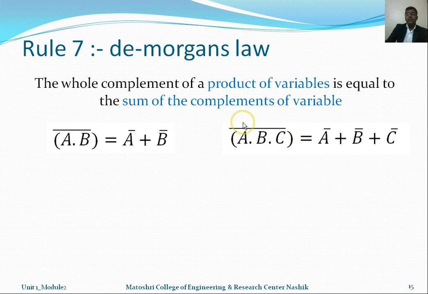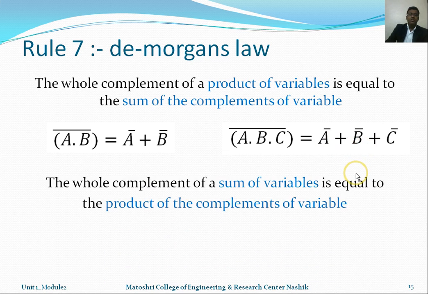Here in this case, on the left hand side, the AND functionality between A, B and C, whereas on the right hand side we break the whole complement, but we change the functionality to the OR logic functionality. Similarly, the vice versa condition is there: the whole complement of the sum of variables is equal to the product of the complements of variables. So here the OR operation of A, B and whole complement is there, so we break the whole complement and change the logic functionality of this AB from OR to AND.